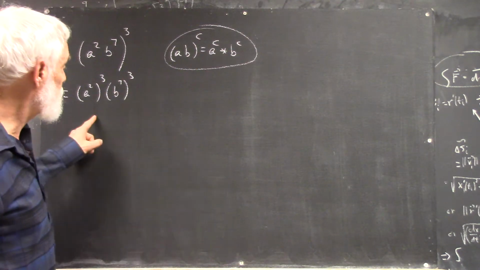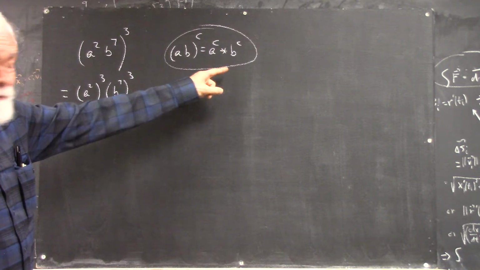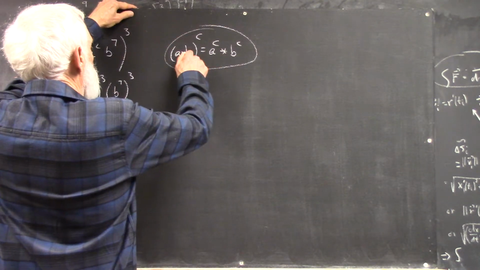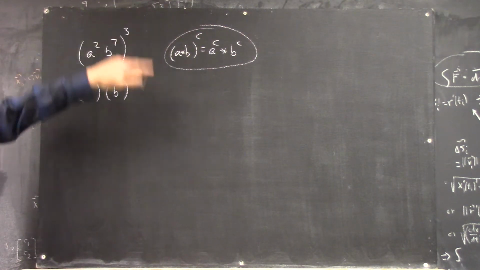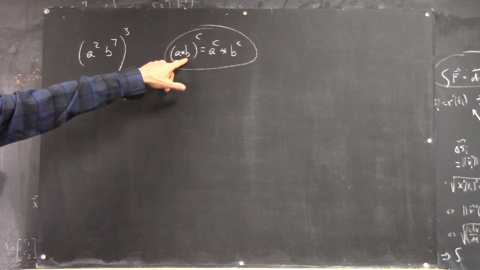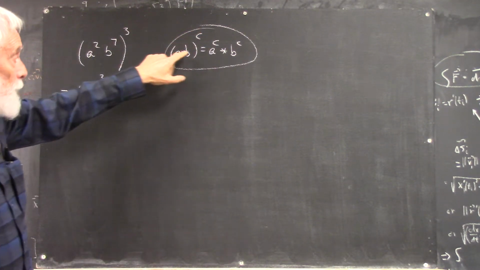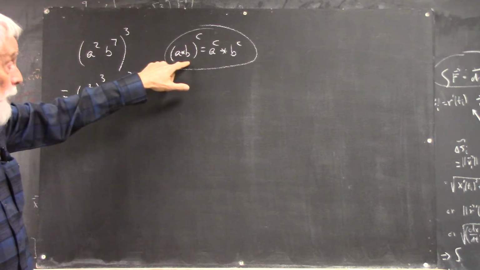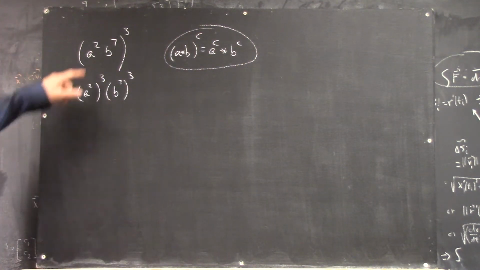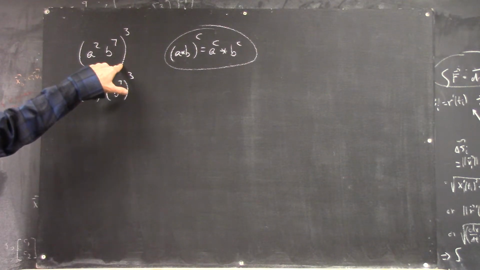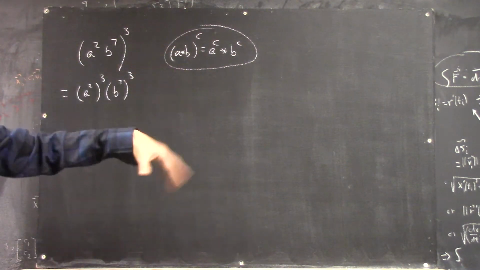You understand that this is an application of this? Well, maybe I'd better put a multiplication sign in here. So when something is multiplied by something else and then raised to a power, you take the first thing and raise it to that power, you take the next thing and raise it to that power. Here you have two things that are multiplied, and just because one of them happens to be a power of the same letter I used over here doesn't matter.